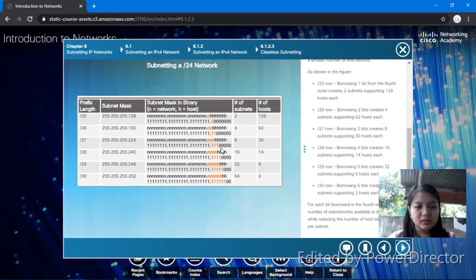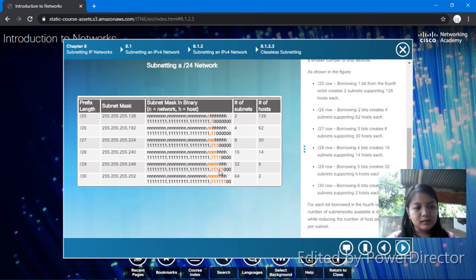The next one is slash 27. It borrows 3 bits to create 8 subnets and supports 30 hosts. Then in slash 28, it borrows 4 bits to create 16 subnets and to support 14 hosts.